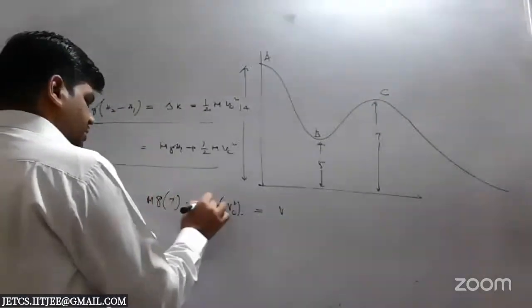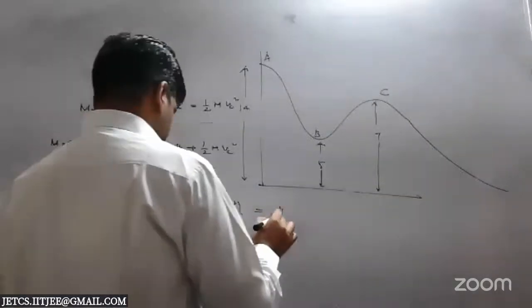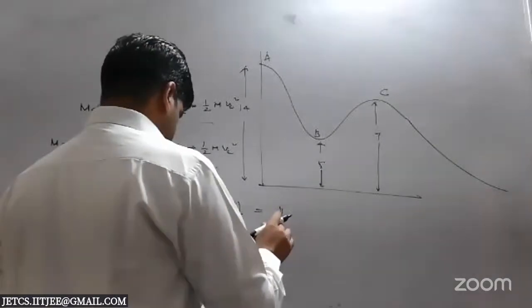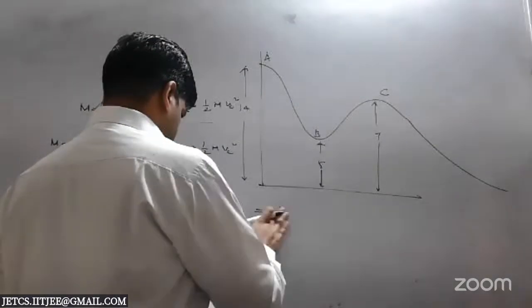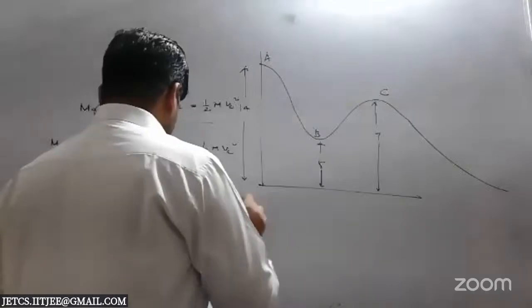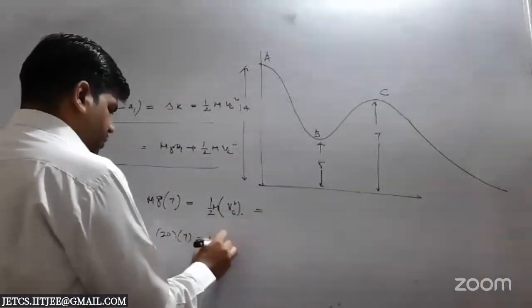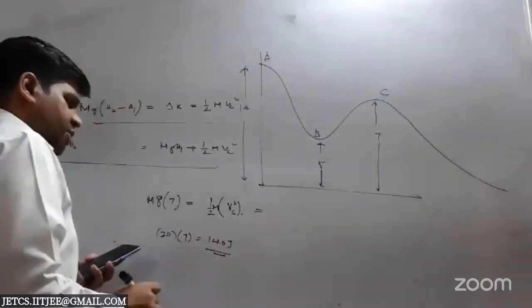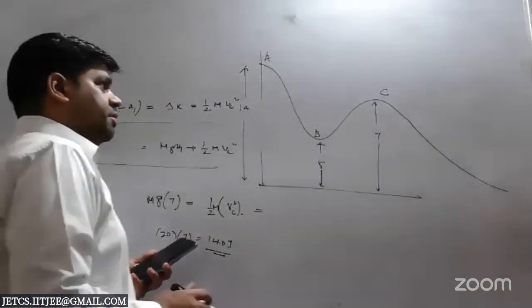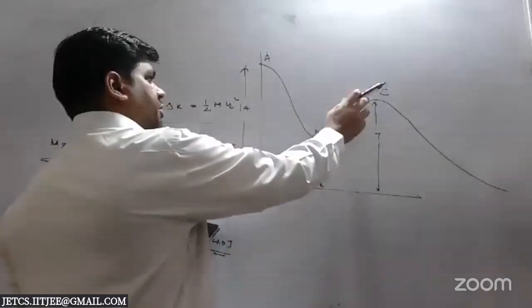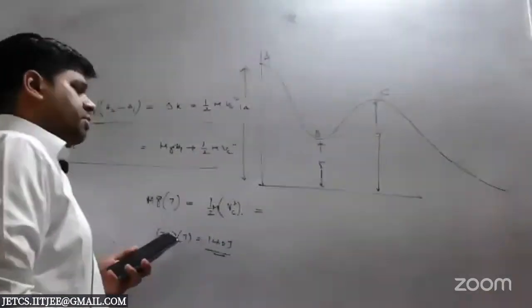So I need mgh, mg into 7. M is only 2 kgs. So 20 into 7, which is 140 joules. 140 joules is the kinetic energy at this point.